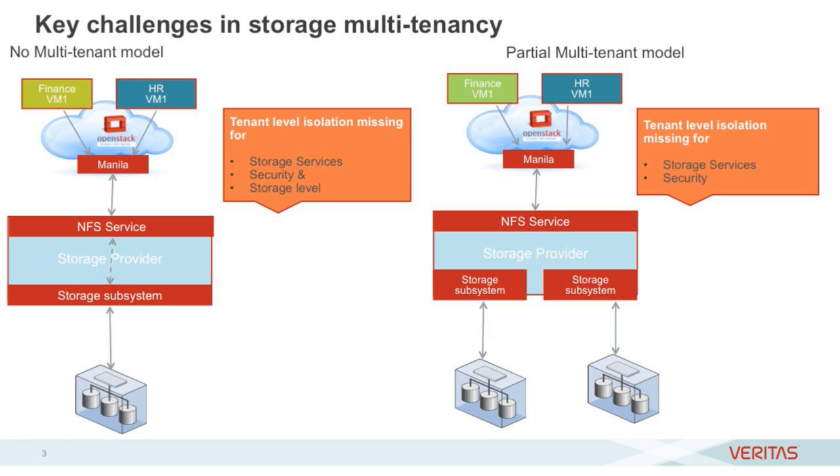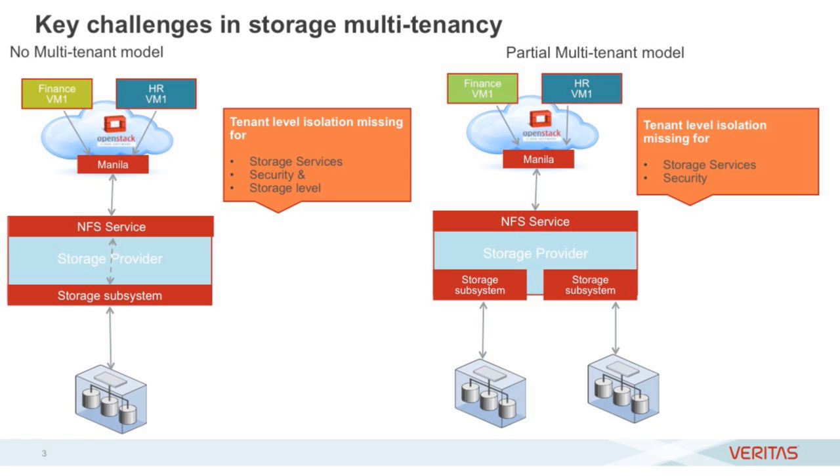These two applications are accessing a Manila share, which is presented over NFS services, which could be coming from any storage provider. Veritas is a storage provider. It could be exported by any other storage provider, right? And then you've got the storage subsystem: the volume manager, the file system, and your LUNs. That's this configuration on your left.